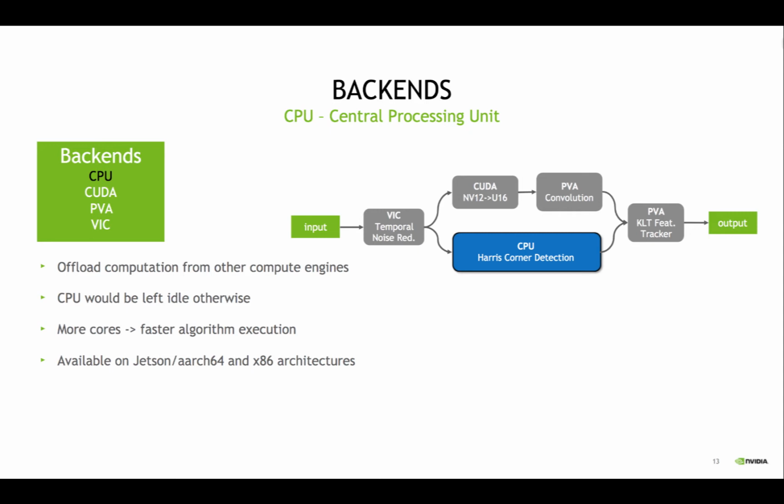In any case, the VPI CPU implementations of several algorithms are quite performant, making it a good contender. Moreover, the VPI CPU algorithm implementations are multi-threaded. They benefit from CPUs with multiple cores, reducing processing time drastically. The CPU backend is available on both Jetson ARM64 and x86 architectures.